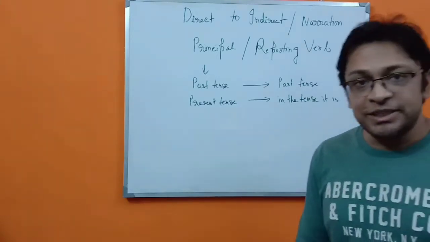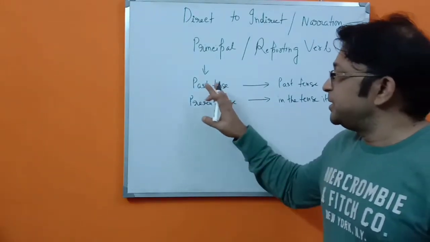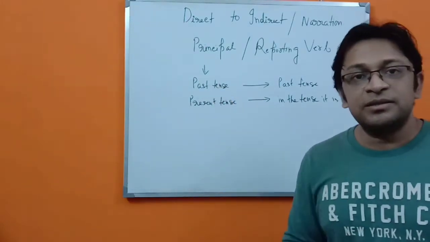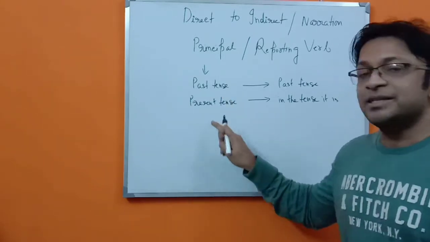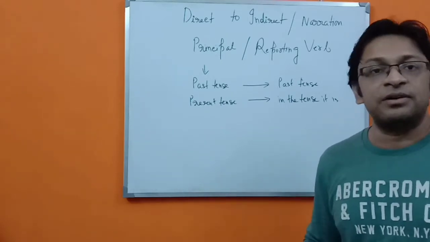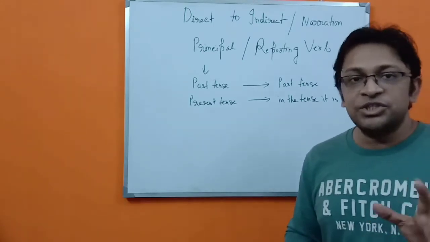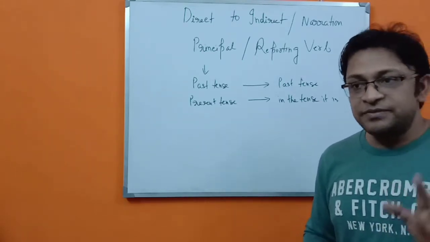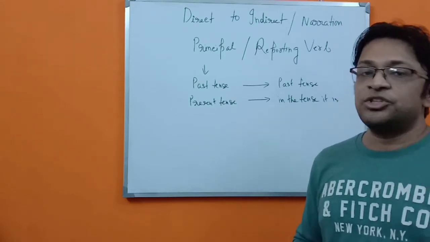There will be no change in it. So you have to be very careful whether the principal verb is in past tense or present tense, because if the principal verb or reporting verb is in past tense, the whole sentence will change into past tense. But if it is in present tense, the tense of the sentence will not change.